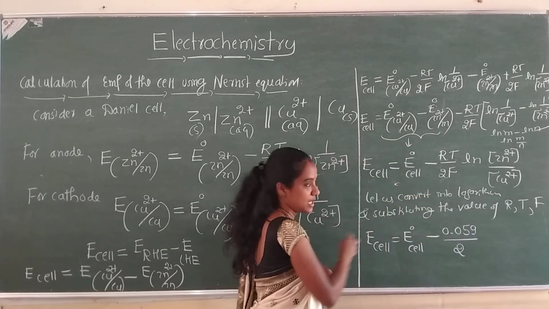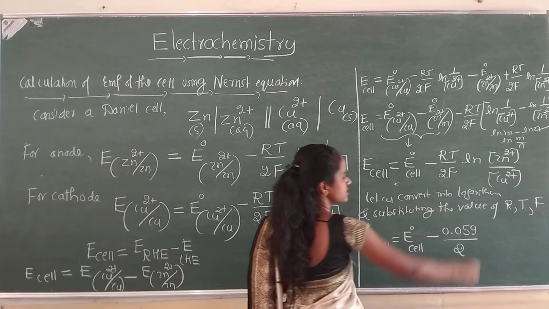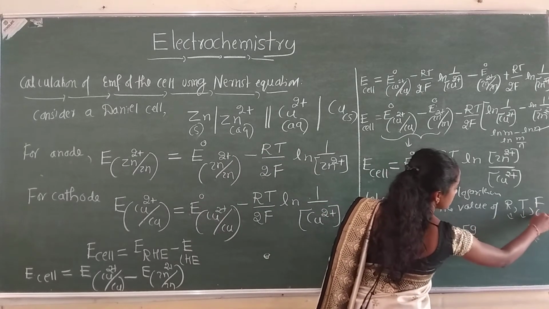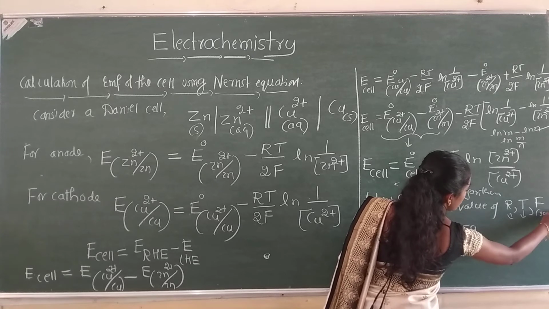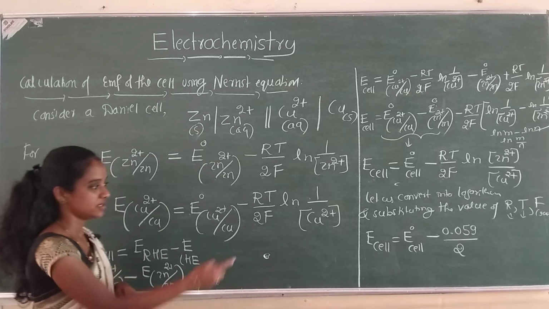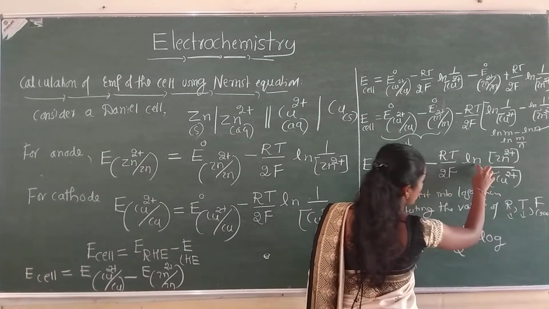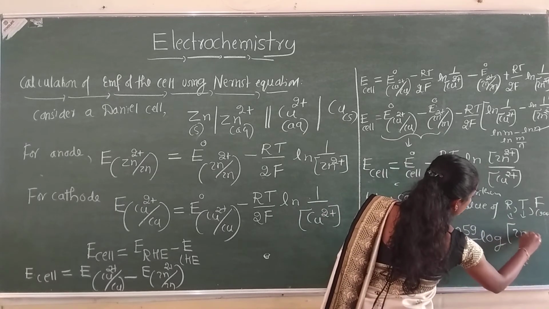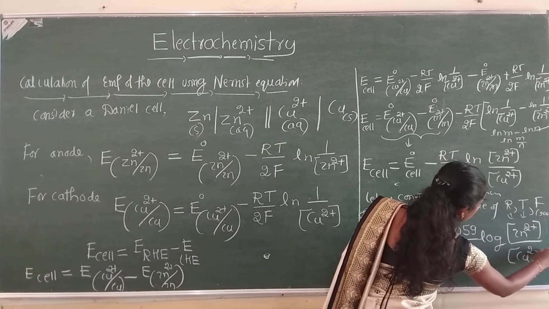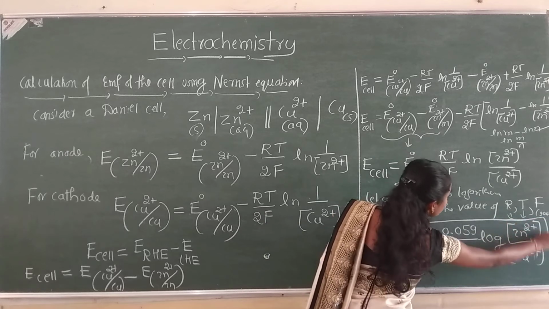I did not multiply by 2, just RT 2.303 divided by farad, that is 96,487. Let us substitute here, you will get 0.059 is the answer, into log. Now it is not ln, it is log of Zn2+, the oxidized species, divided by the reduced form of the species. So this is a very very important formula.